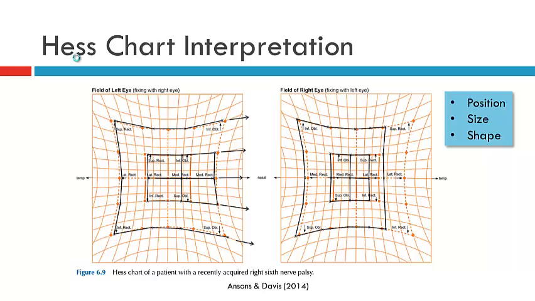Indeed, what we actually have here is a right lateral rectus palsy, or a right sixth nerve palsy, and we arrive obviously to the sixth nerve palsy because the sixth nerve supplies the lateral rectus, and it is a recently acquired sixth nerve palsy. It's important to note at this point that you don't make a diagnosis solely on the Hess chart. The Hess chart assists you in making a diagnosis, but you will integrate your clinical findings to come to a final diagnosis.